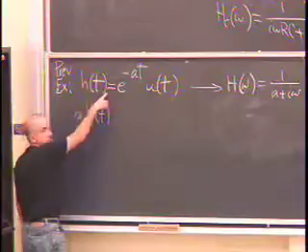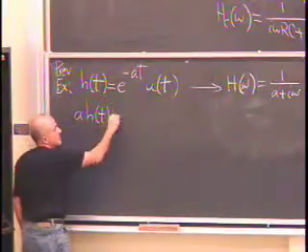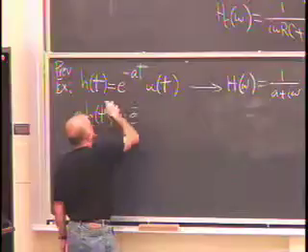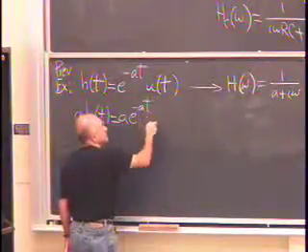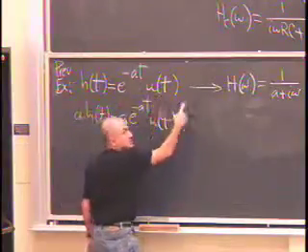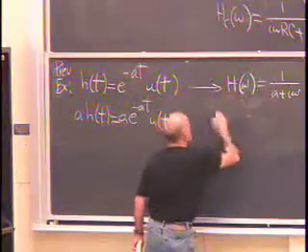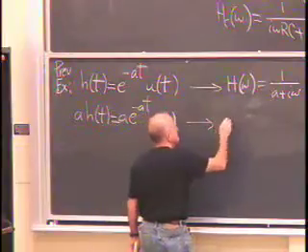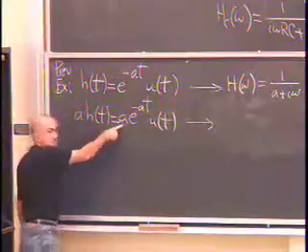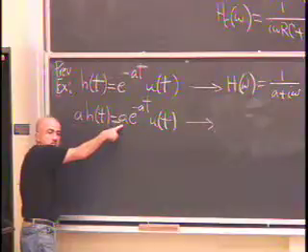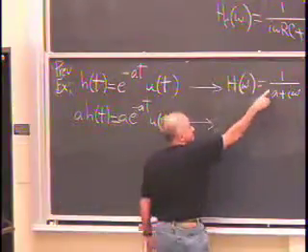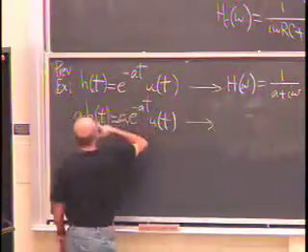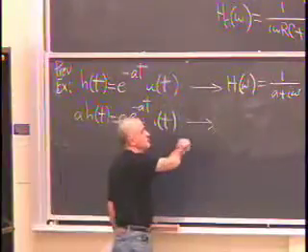If a system that has impulse response h given by this expression has frequency response equal to this, then what is the frequency response of a system that has this as its impulse response? A. You just multiply this by A. If you're multiplying the time domain by A, you have to multiply in the frequency domain by A.